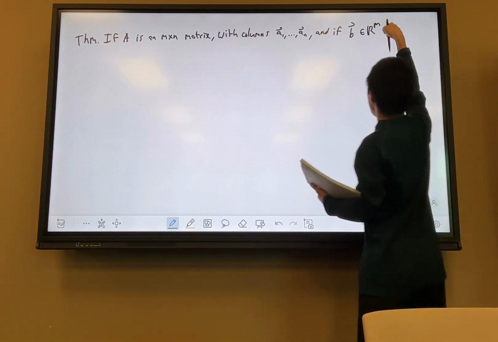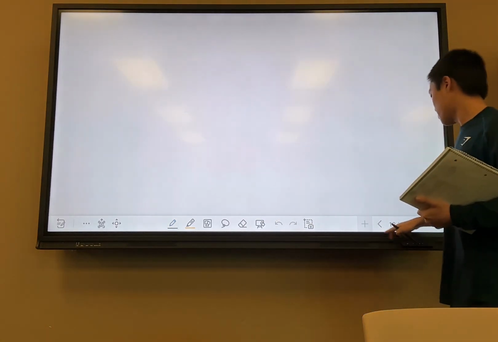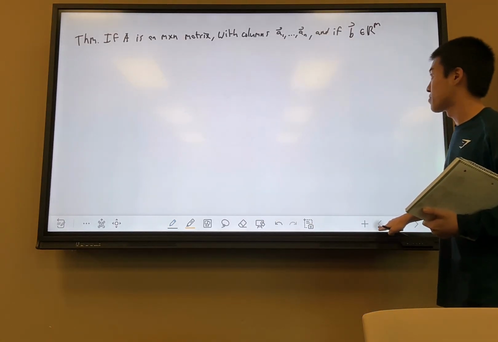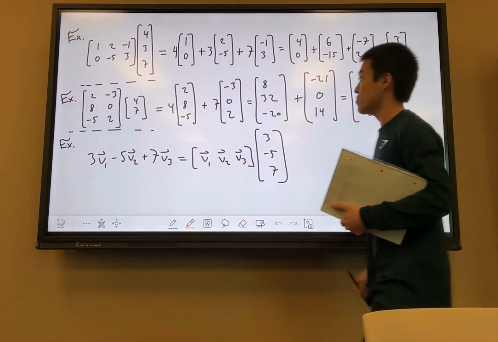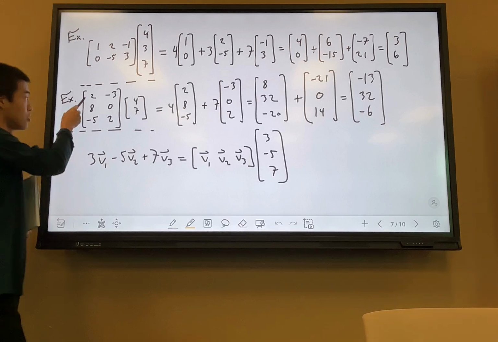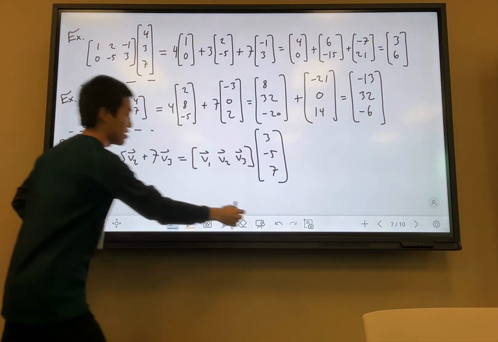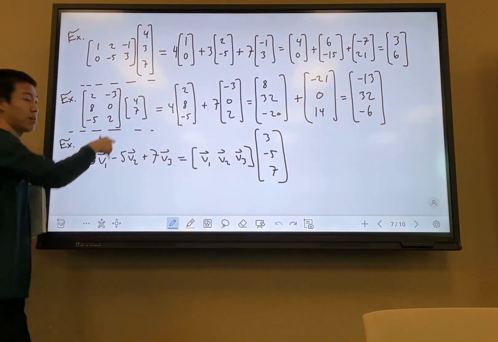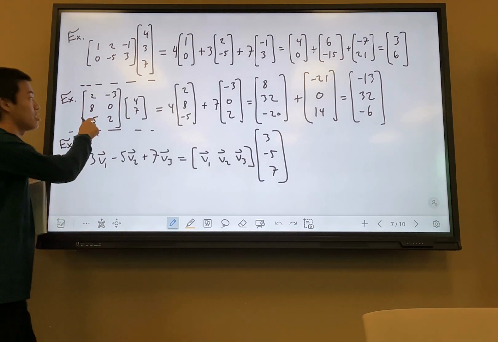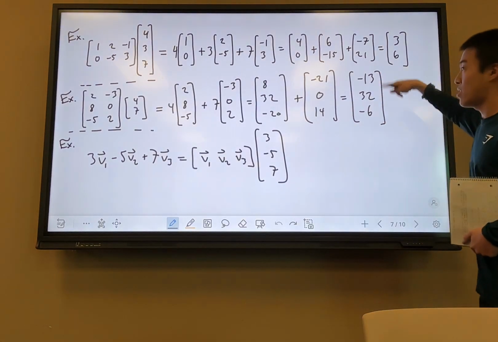Okay, so we switched from n to m. Why is it m now? It's because of when we were doing these previous problems. Let me go to the example. When we were doing these, check this out. Rows by columns. 3 by 2 meant that we needed a 2 by 1, and then that spits out a 3 by 1.